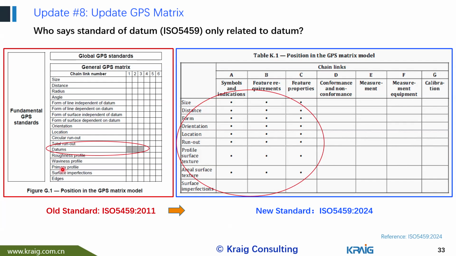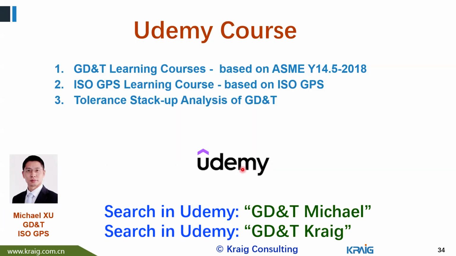The previous standard only covers datum, but obviously this standard not only covers datum, it covers more than that. So that's why the new standard changed this matrix. It tells you the new standard will cover from here to here. So all of this is covered. Okay, so this matrix is updated here.